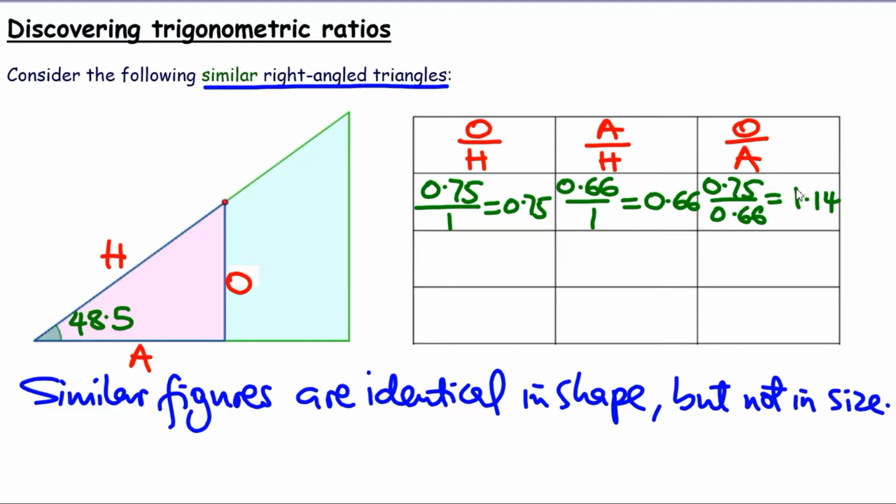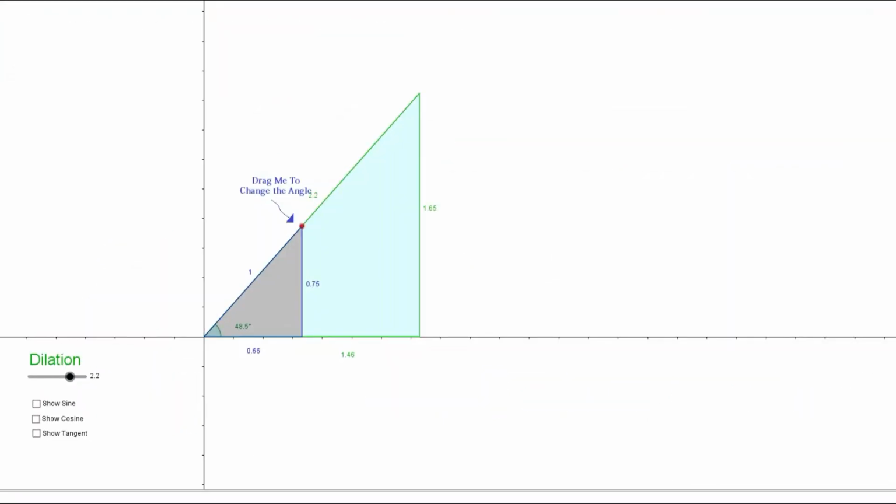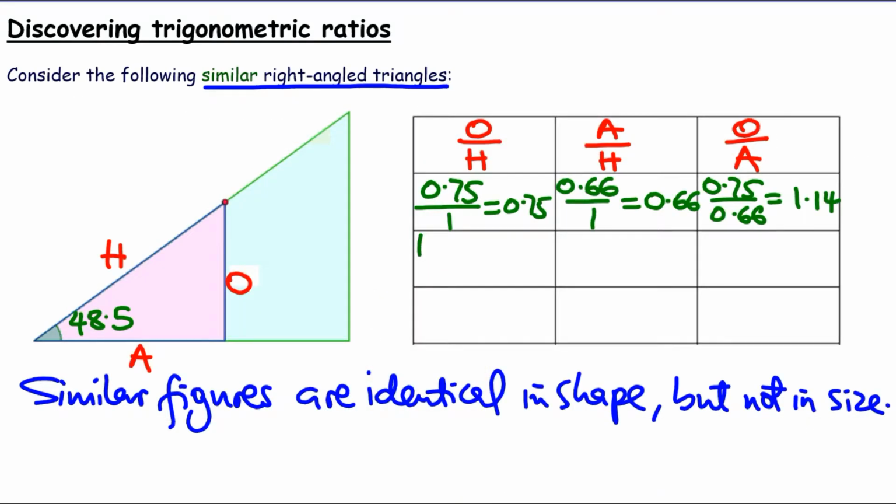Now next I'm going to consider the big triangle. In the big triangle, we can see that the opposite is 1.65 and the hypotenuse is 2.2. So 1.65 over 2.2.